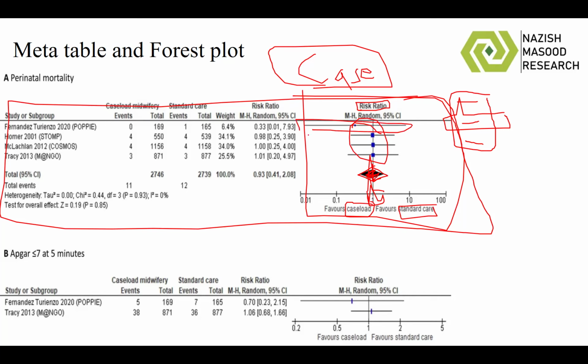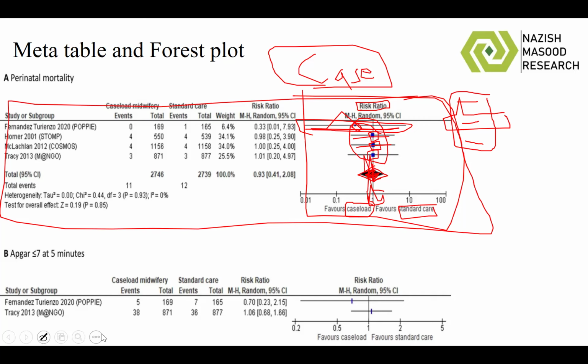As you look at this study, this line is the confidence interval of that study. These boxes represent the sample size. The larger the box, the larger the sample size, and the larger the weight of this study in the overall estimate, in the overall diamond shape.